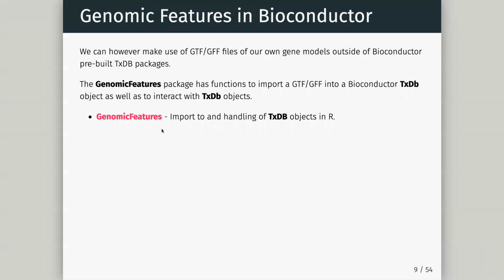Okay. We can, however, and this is really important, make use of GTFs and GFFs of our own gene models outside of Bioconductor. So this GenomicFeatures package allows us to import GTF, GFF, create this TxDb object, and then use all the functionality with that TxDb object, which is important, both because these objects are great.